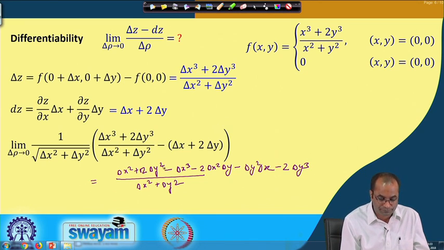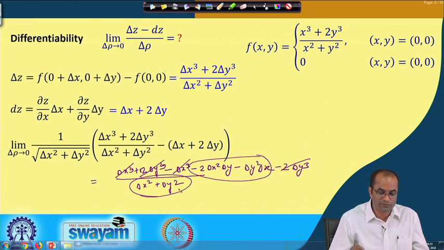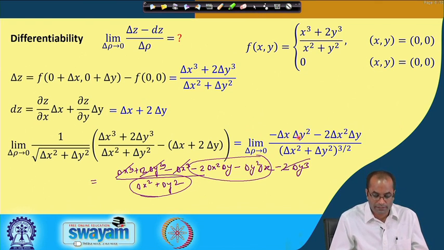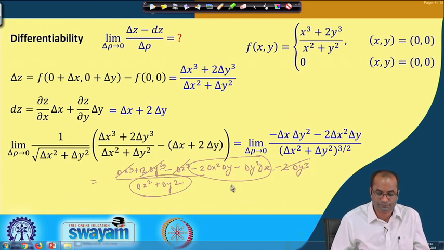So this Δx cubed will get cancelled, 2 times Δy cubed will get cancelled, and we will get only these 2 terms with Δy squared and Δx squared. So we get precisely minus 2 times Δx squared Δy, minus Δx Δy squared, and this Δx squared plus Δy squared together with this will get the power 3/2.